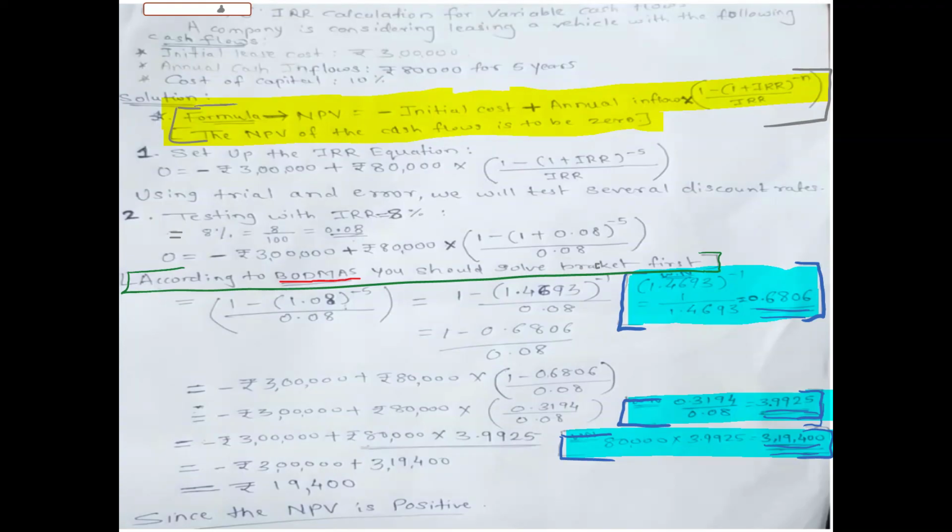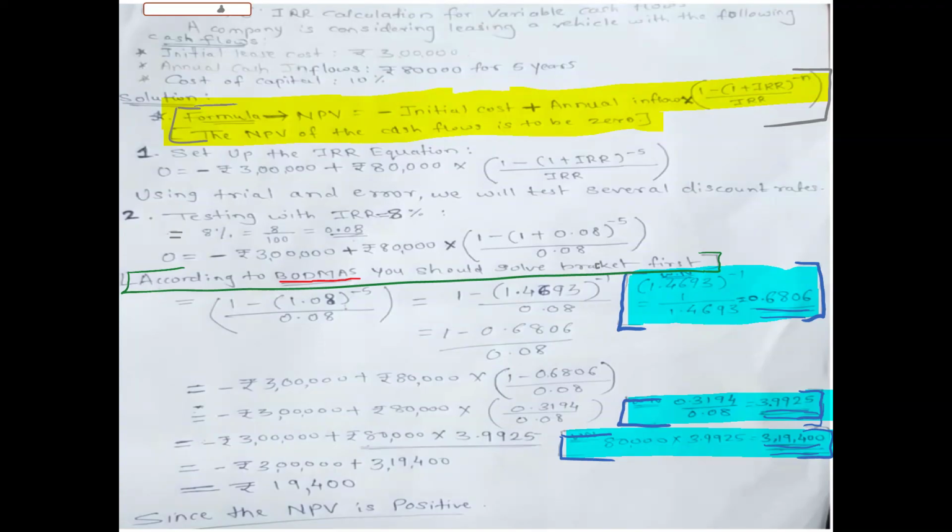Solution: formula. NPV is equal to minus initial cost plus annual inflow into [1 minus (1 plus IRR) to the power minus n] divided by IRR, and the NPV of the cash flow is to be 0.